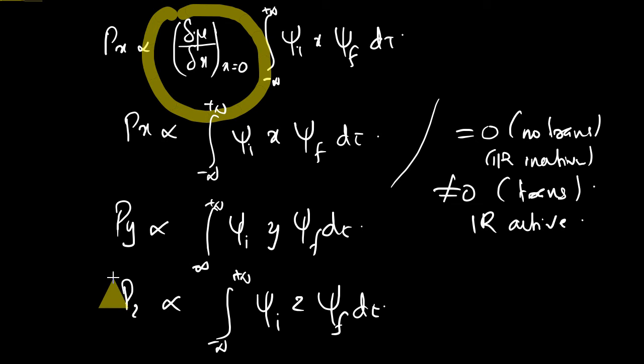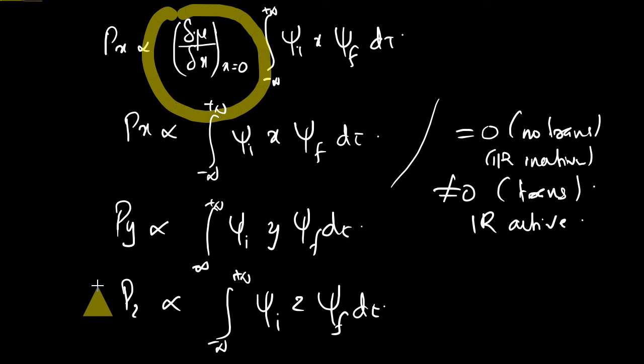Now I am going to utilize these equations for predicting whether a particular mode will be IR active or IR inactive. I am going to take the case of the water molecule itself, because we have already assigned the symmetry species for the different vibrational modes in the water molecule.